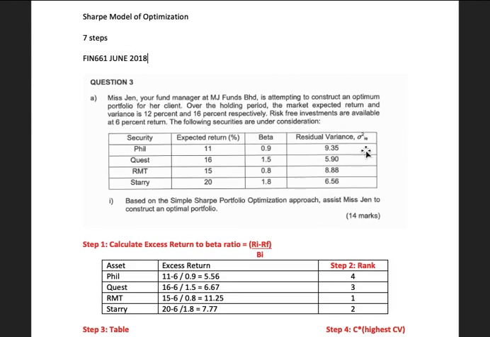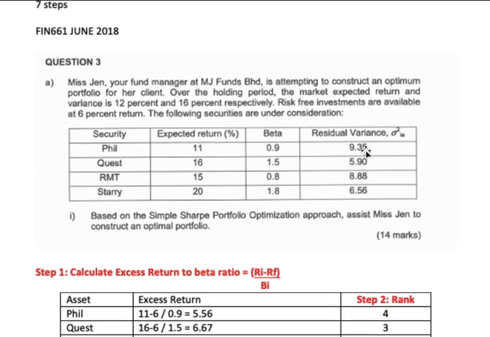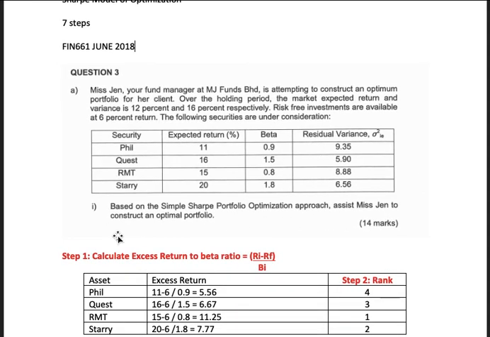That is called the residual variance. The question: based on the simple Sharpe portfolio optimization approach, assist Miss Jen to construct an optimal portfolio. The word optimal here refers to portfolio selection, the portfolio optimization.